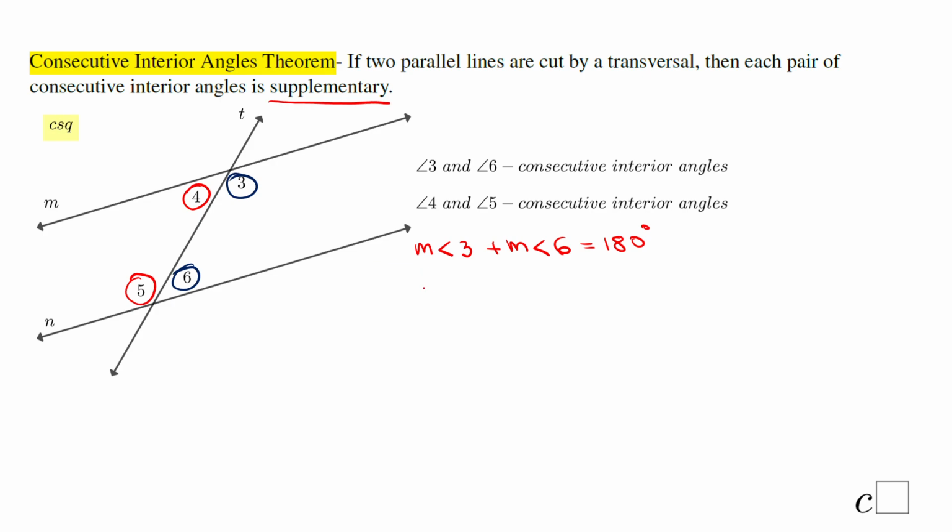Very similar about the other pair. The measure of angle 4 plus the measure of angle 5 equals 180. So you can simply see 3 and 6 are not the same. One is obtuse, 3 in this case, 6 is acute. They are not congruent. They are supplementary, in case you do not remember the property.